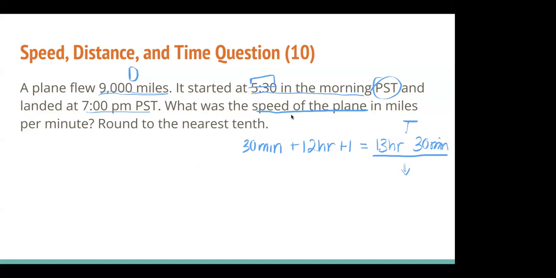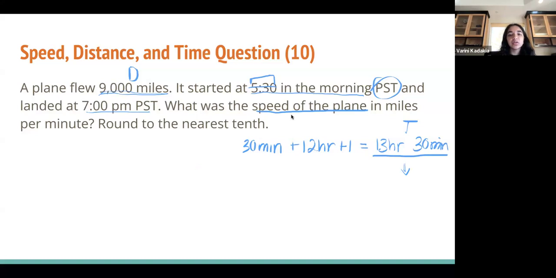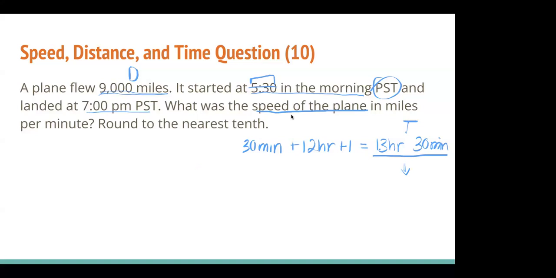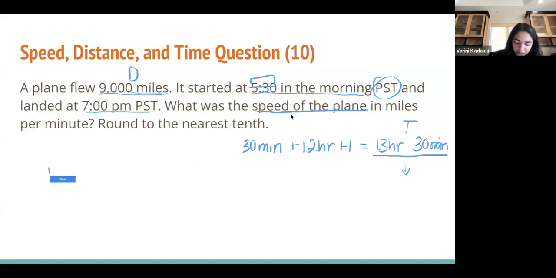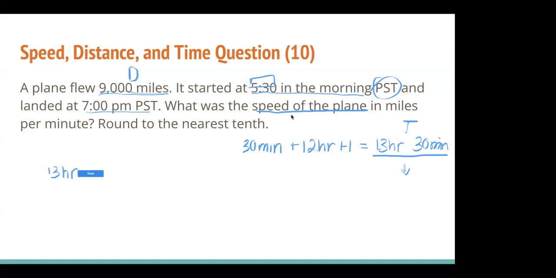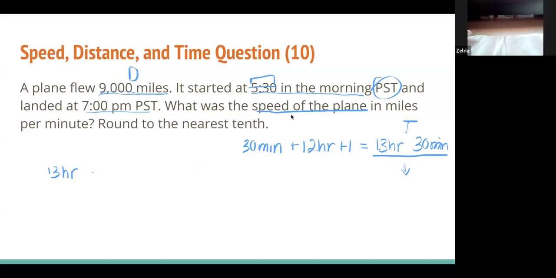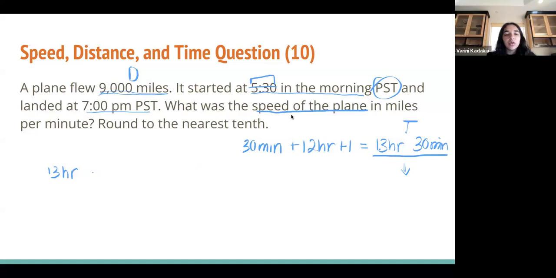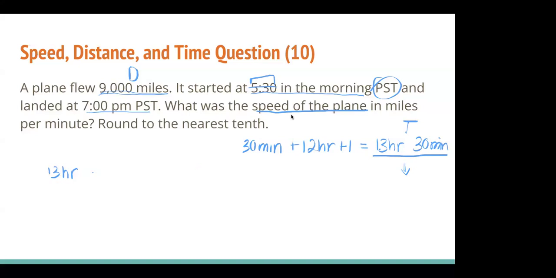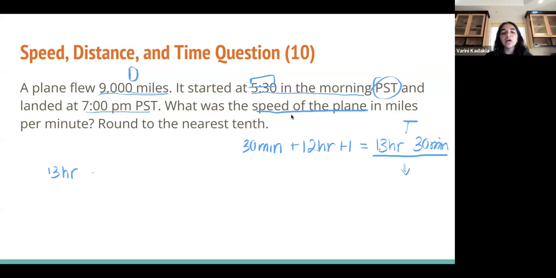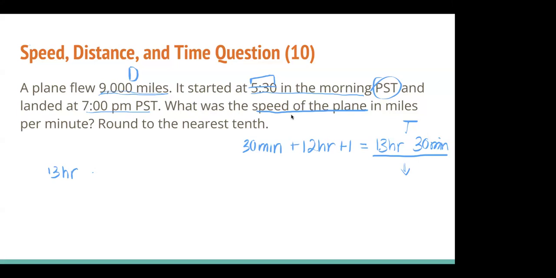So let's convert time into minutes first. How many minutes are in 1 hour? 60. So let's convert 13 hours 30 minutes. Should it be 60 minutes over 1 hour or 1 hour over 60 minutes? 60 minutes over 1 hour.